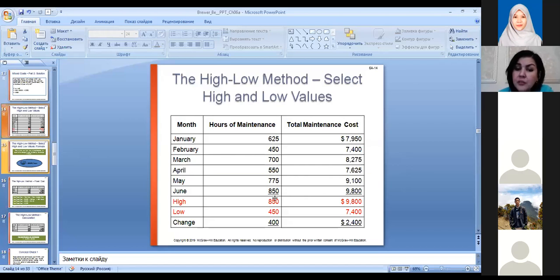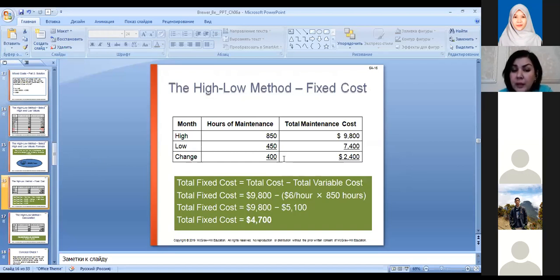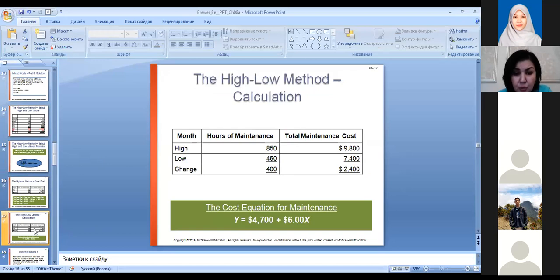Knowing total fixed cost, we can simply express the cost equation for maintenance. Now we know that fixed cost is 4,700 plus 6 multiplied by x. X is simply the number of hours.